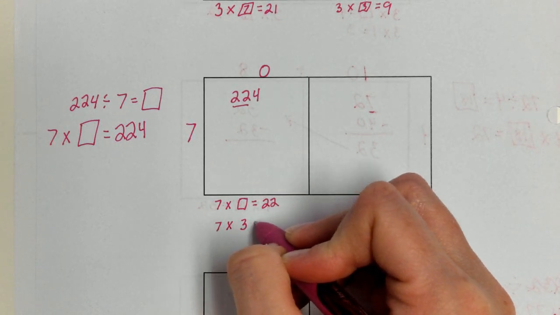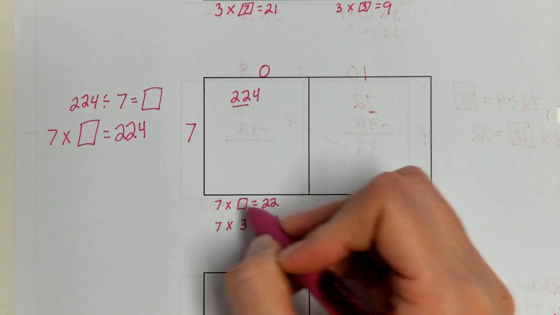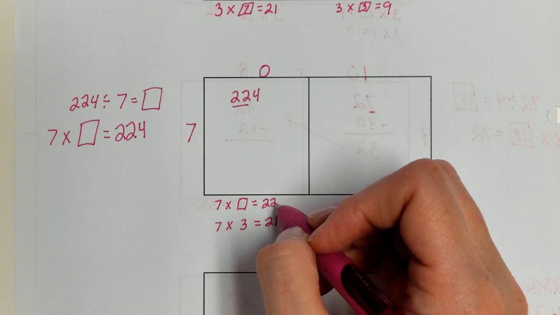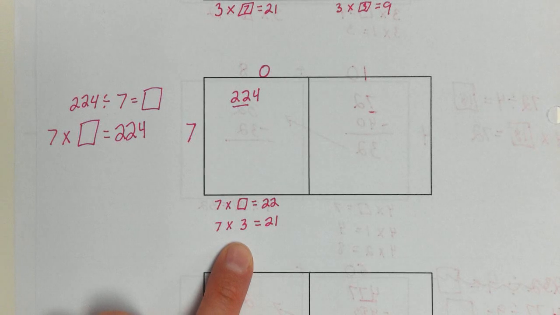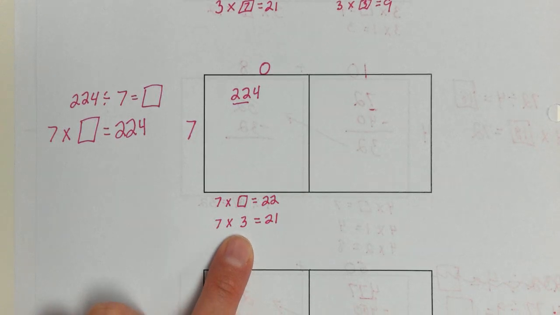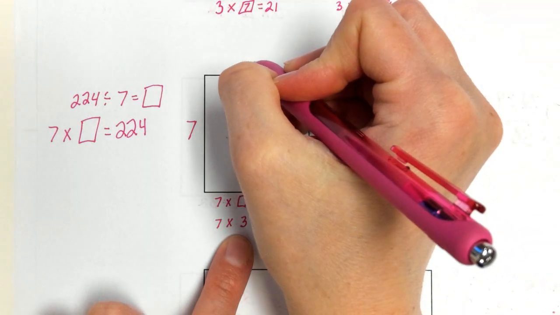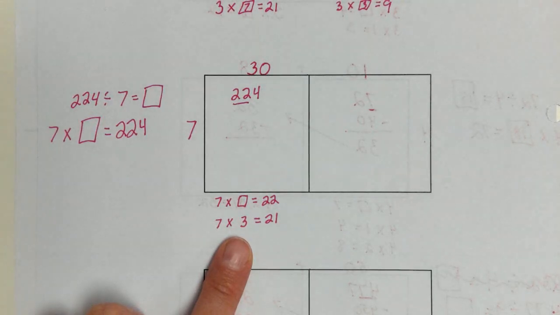All right, so I think 7 times 3 equals 21 because nothing times 7 will equal 22. So I'm going to get as close as I can without going over. So I'm going to do the 7 times 3. So I'm going to put my 3 up here.